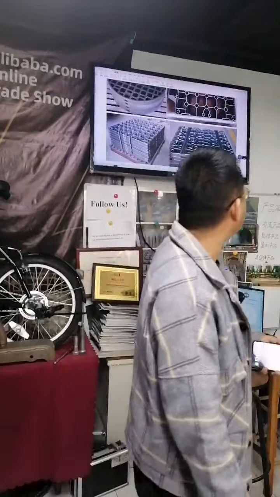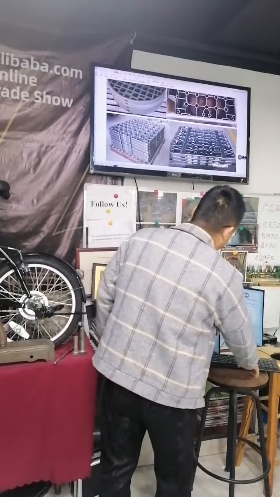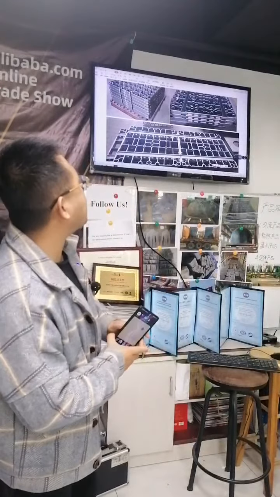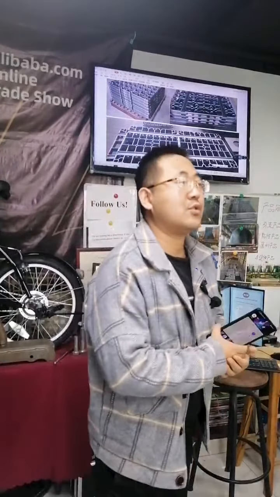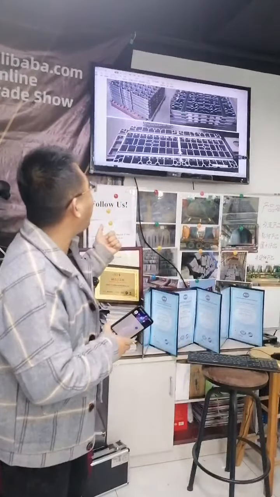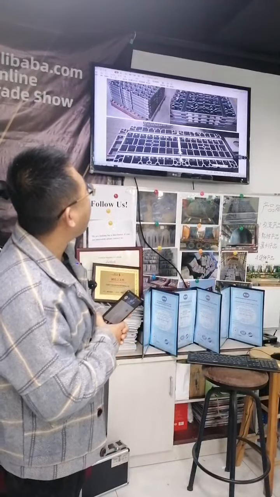Like this. This is our other types. The long side is about 600 and the right side is also 600.